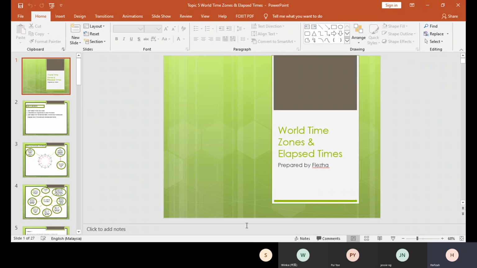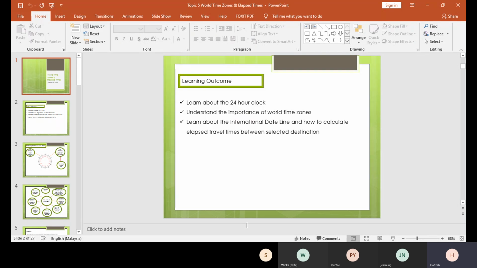Today I will explain in more detail how to calculate it, because there are calculations. Today we will go through world times and elapsed times. You will learn about the 24 hours clock, and why the tourism industry uses the 24 hours clock, not the 12 hours.